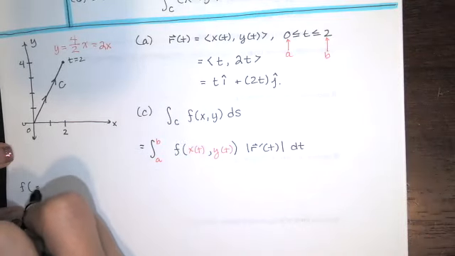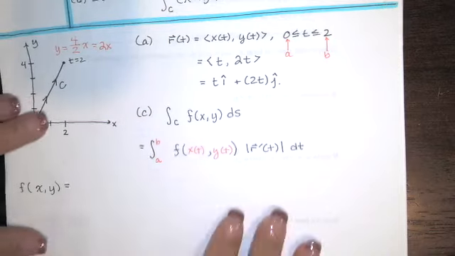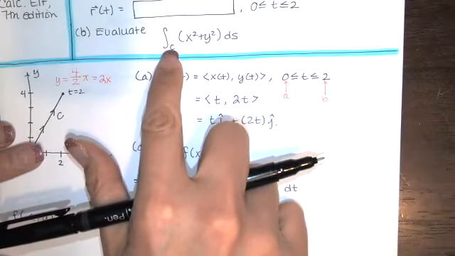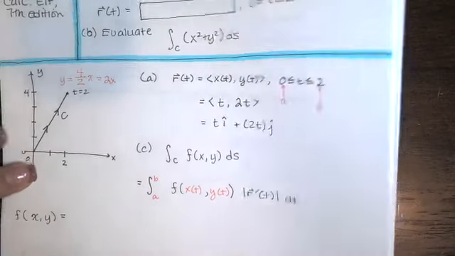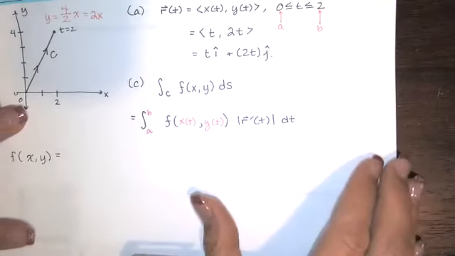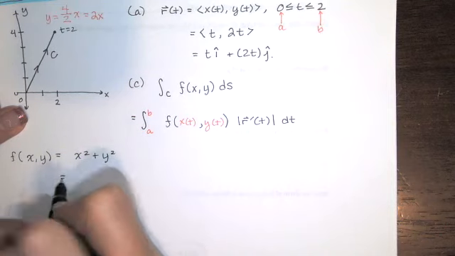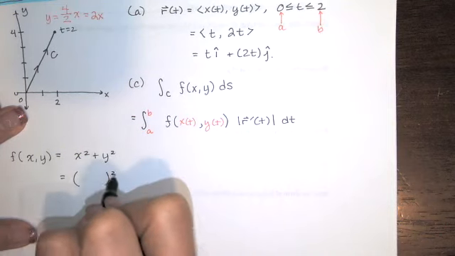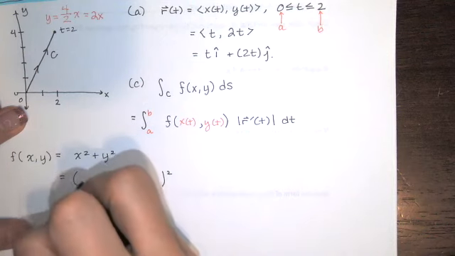So I've got f of x and y. In our case, we're asked to evaluate the line integral of x squared plus y squared over this path C. So f of x and y is x squared plus y squared, but we want that in terms of t. So we're going to replace x with x of t and y with y of t.